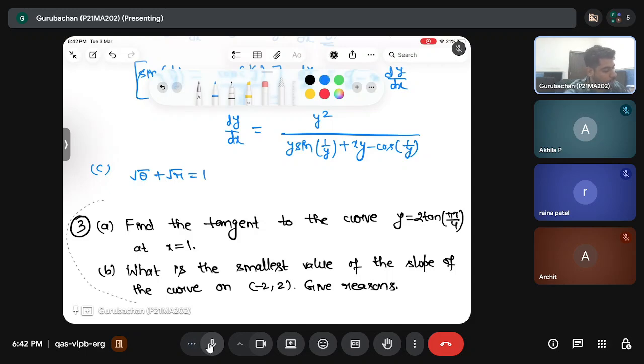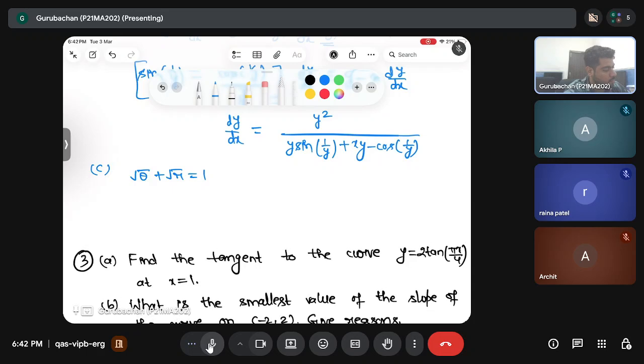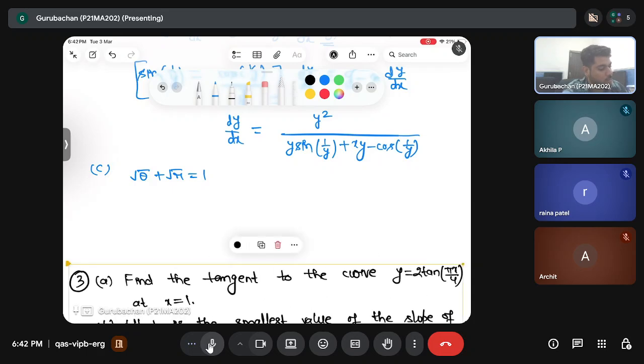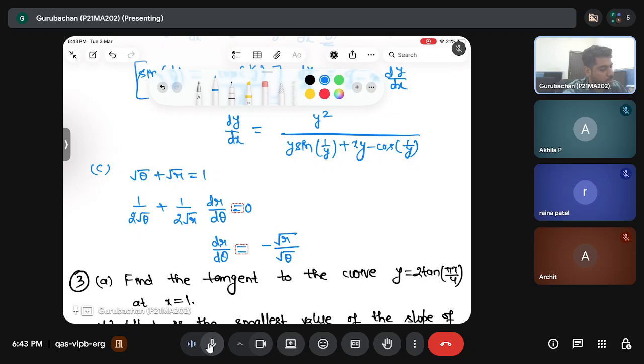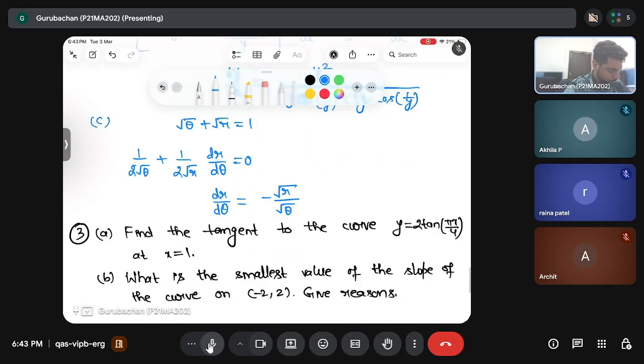So this will give you 1 by under root theta, since the independent variable was theta. So here 1 by 2 under root of r dr by d theta equal to 0, and if you simplify it, this will give you minus under root r divided by under root of theta. So I hope it is clear to everybody how to find out the implicit differentiation.